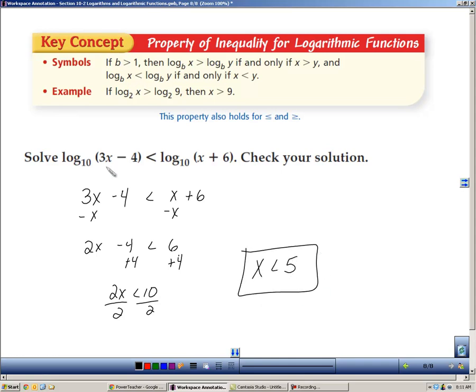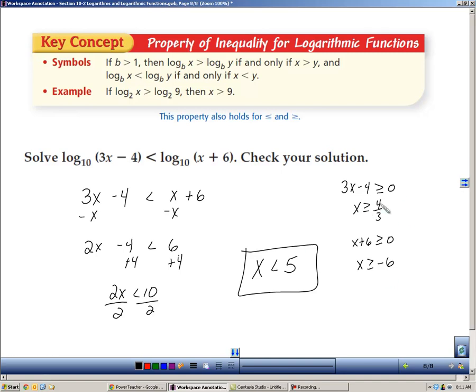Now, because logs have certain restrictions, we also have to look out for 3x minus 4 being greater than or equal to 0. It has to be positive. So if we solve this, we get x is greater than or equal to 4/3, and we also have to check for x plus 6 greater than or equal to 0. So we get x has to be greater than or equal to -6. So we've got to combine all three of these.